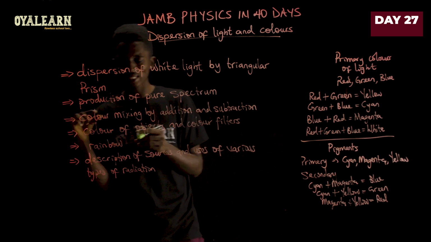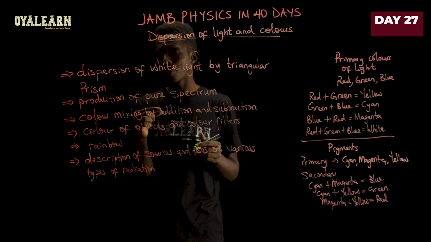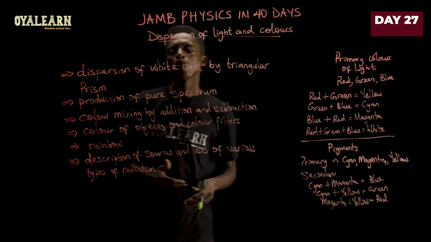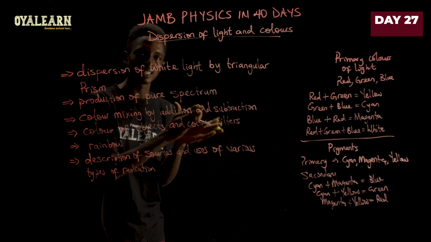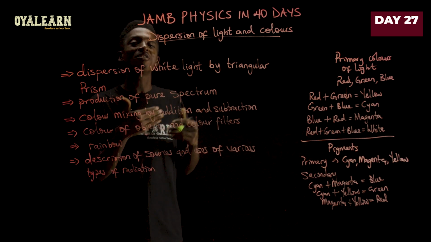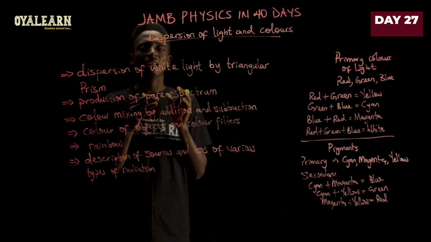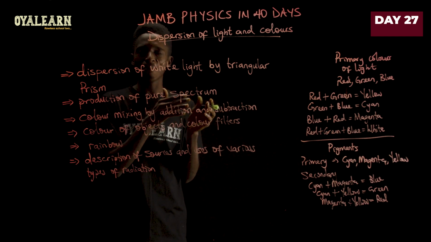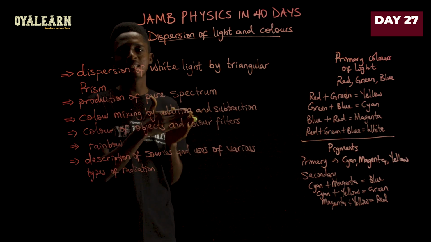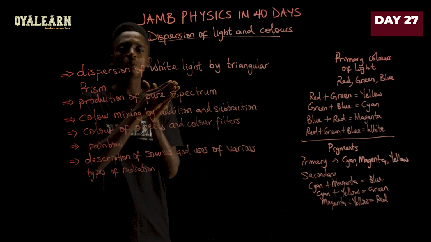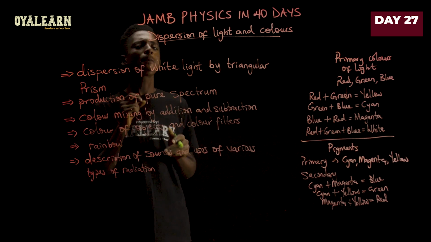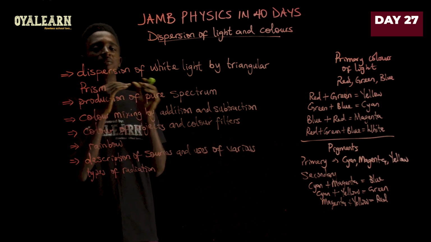Now, when you pass that into a triangular prism, what normally occurs when light passes through a prism is refraction, right? As white light is refracted in that prism, because of their different wavelengths and the way they react, the red color is the one that is refracted the least. So it does not bend as much compared to violet.